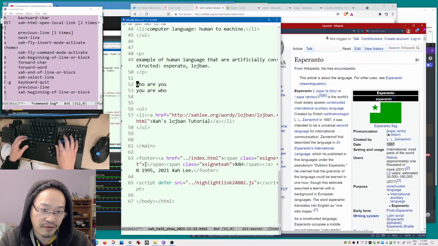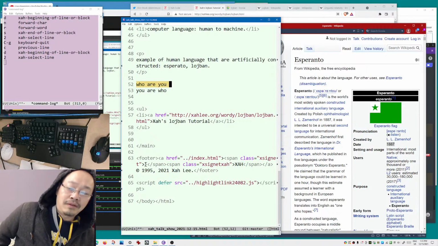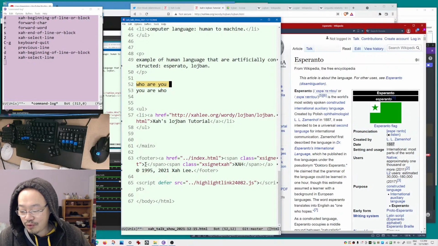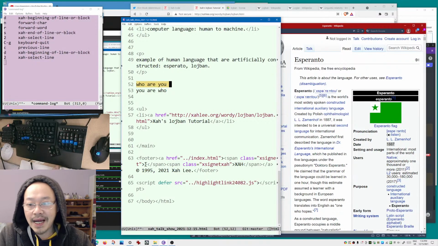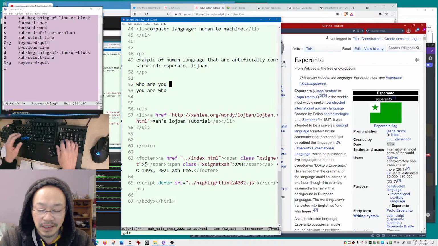But in English, you have to kind of reverse it. You have to say it that way. So this is one example of, well, this is not an example of irregularity, but it's just an example of difference in grammar.